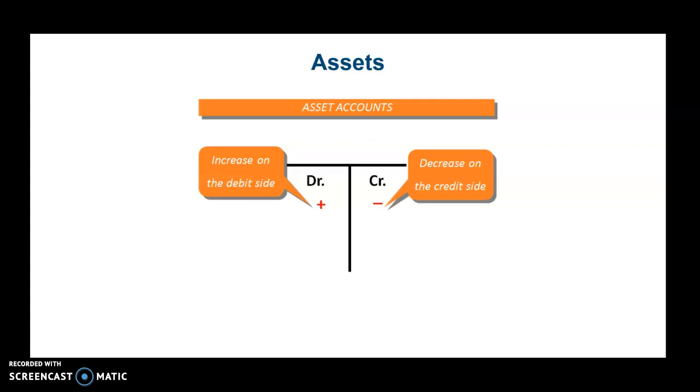We credit things and subtract things from cash that way. So all assets, whether it's insurance, supplies, accounts receivable, equipment, any of those things that are an asset to us, they're all going to increase on the debit side and decrease on the credit side.